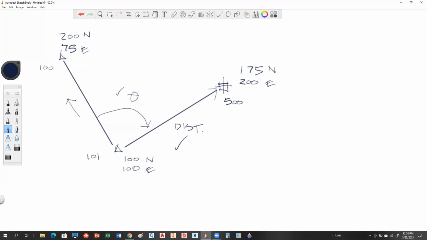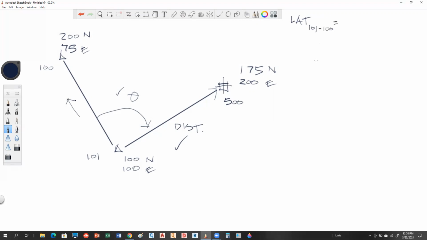Do you want to go through that? Sure. Okay, so how do we get, I'm going to have to write kind of tight over here, so I'm going to put it over here. I want the latitude from what to what? If I'm occupying which point? 101. 101, so I want the latitude from 101 to 100.